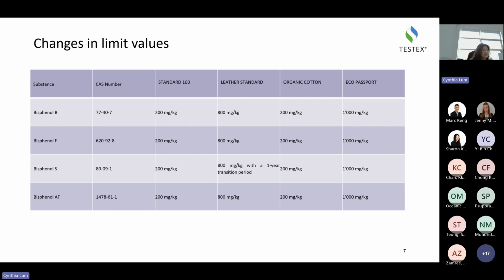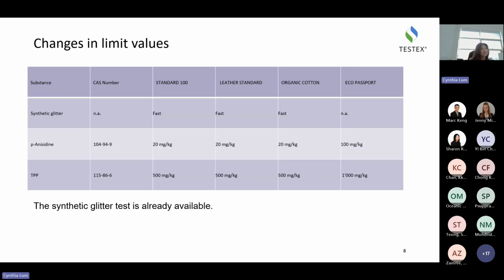It will be implemented as of June, but I think currently when we do the test, it will also be recorded with the new limit values. Next one. These are also additional ones with changes in limit values.